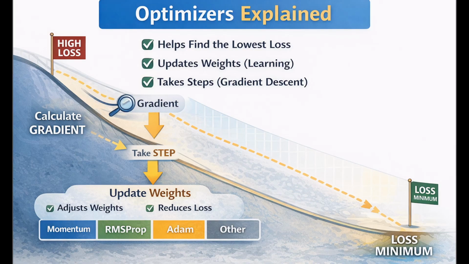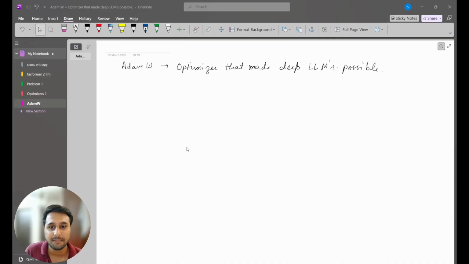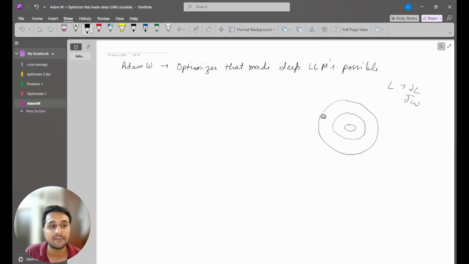If you remember, we compute loss after prediction, and then we find the gradient with respect to different weights. Just understand this as a loss curve. This gradient tries to reach this point, the lowest point. This is called the global minima. Here the loss will be minimum. That's why our gradient tries to reach this point.